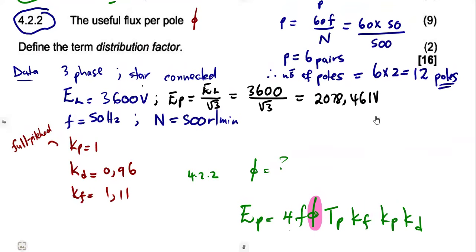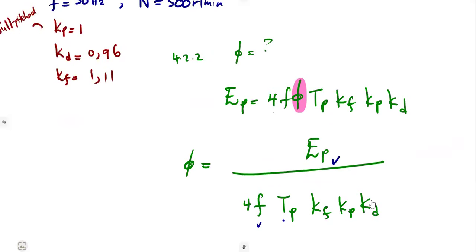Turns per phase. Because all these, KP, KD, or KF, are there, but this one is not given. We do not have TP. So let's think about the calculation of TP, guys, which is our turns per phase.